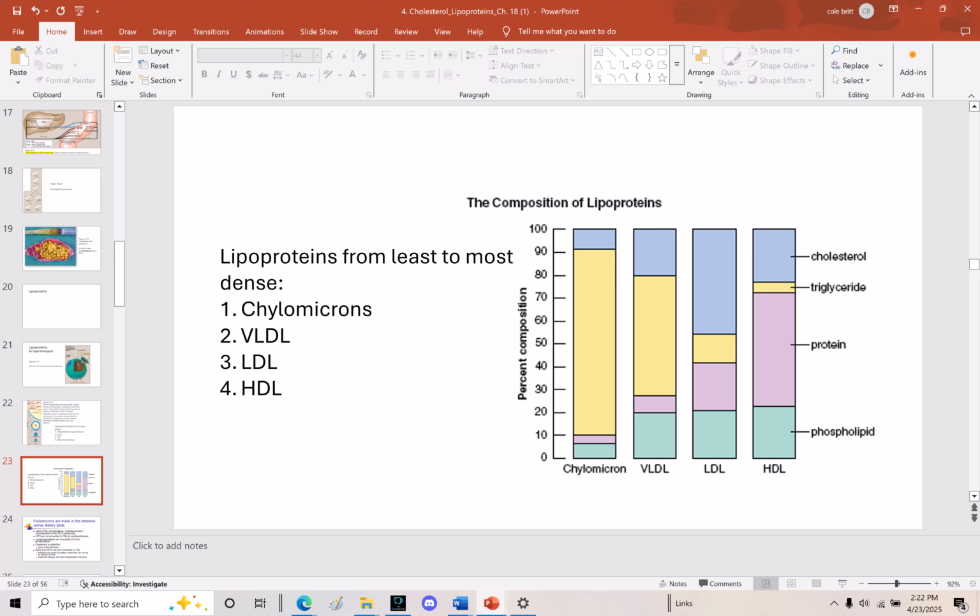Here it's showing you the percentages. The yellow here is triglycerides. Chylomicrons have the most. VLDLs have the second most. LDLs have a little. HDL has a little. If you look at LDL next, LDL is the one with the most cholesterol. Cholesterol is blue here. So LDLs have the most cholesterol. You don't have to memorize percentages, but you should know that LDL has the most cholesterol and HDLs have the most protein.